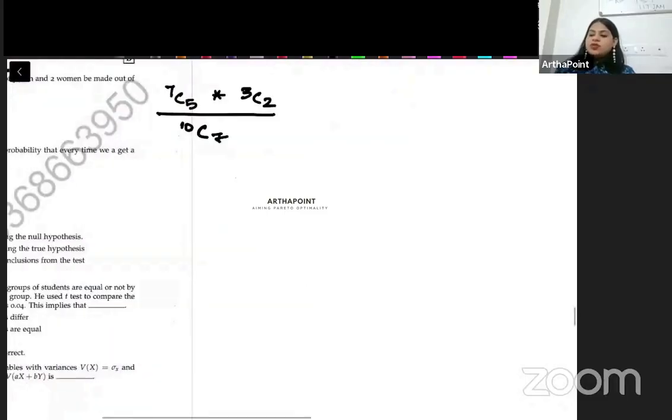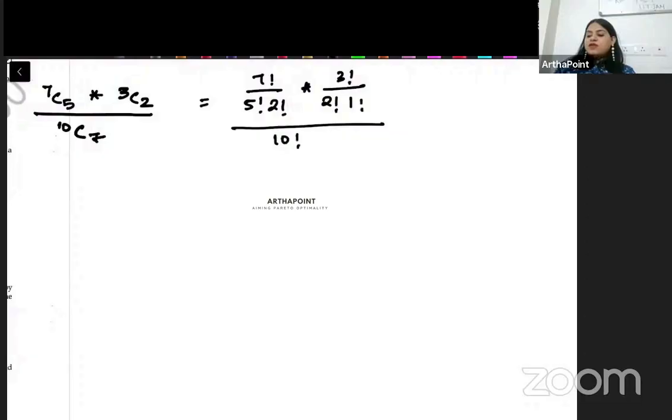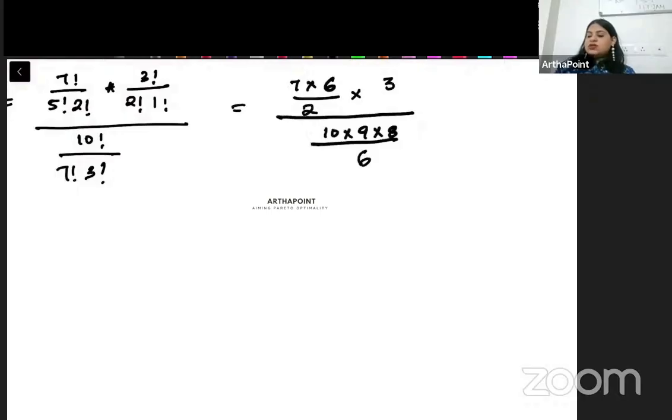Just, can you open this up for me? So this will be 7 factorial upon 5 factorial 2 factorial, into 3 factorial upon 2 factorial 1 factorial, upon 10 factorial upon 7 factorial 3 factorial. Okay, so this 7 factorial will get cancelled. 7 into 6 by 2, into 3, upon 10 into 9 into 8 upon 6.